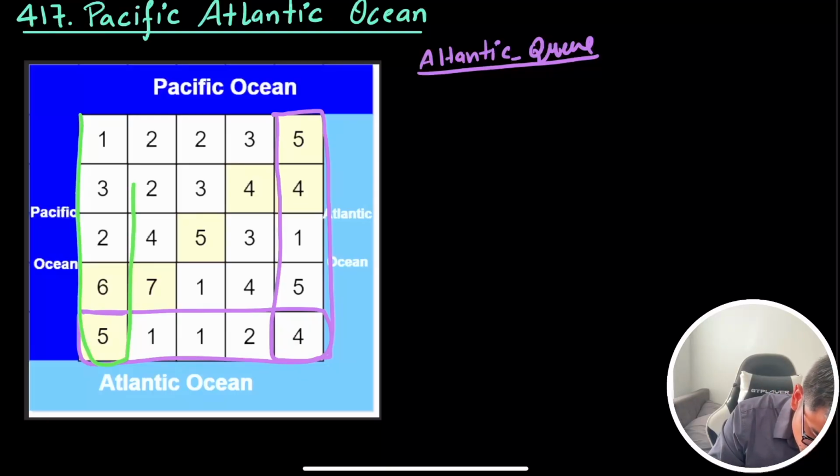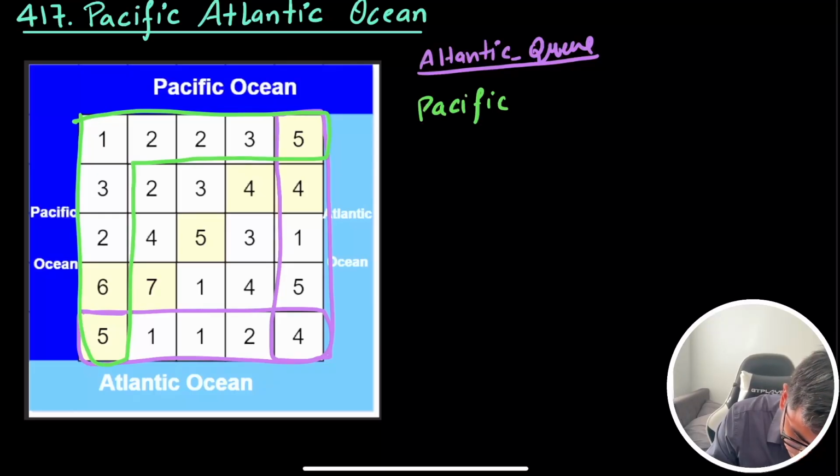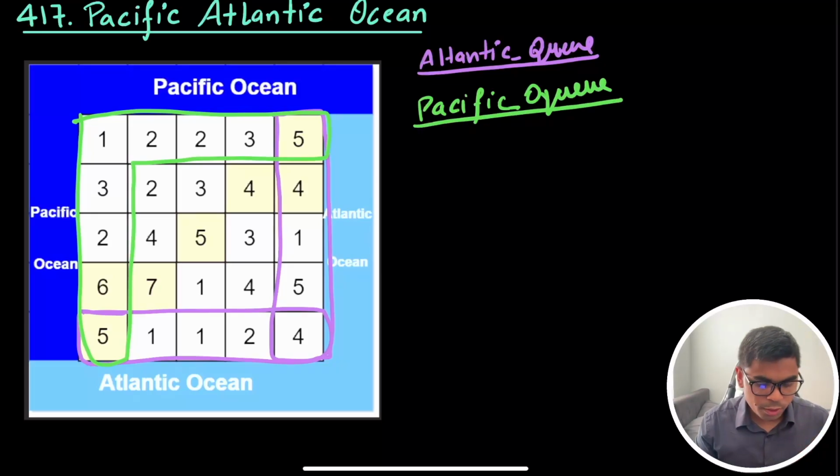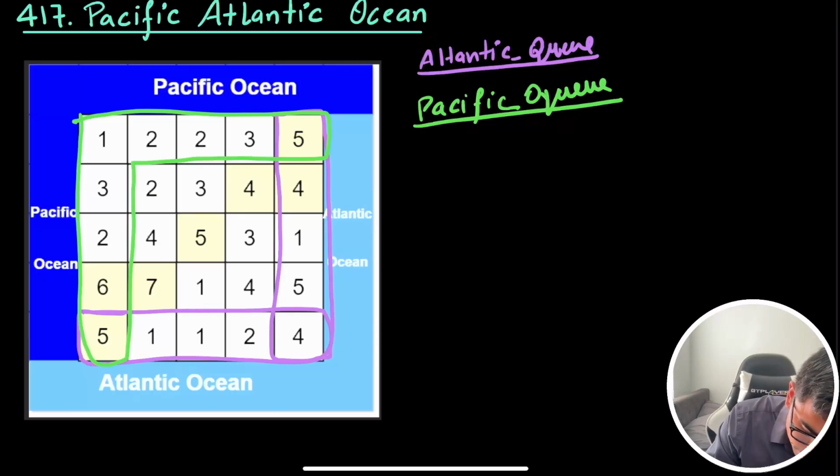So this queue right here, this queue right here, Pacific queue. So Pacific queue, these are two queues, and this will be holding all the values right here, and this will be holding all the values right here.